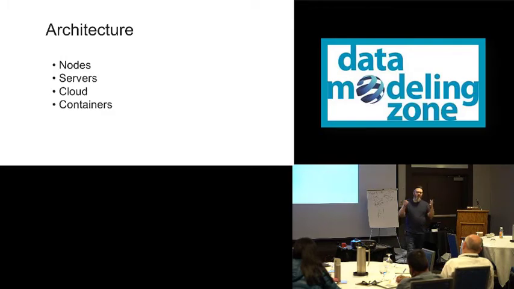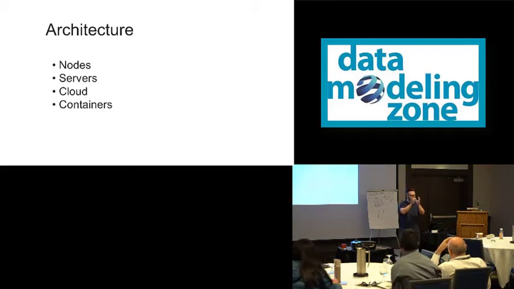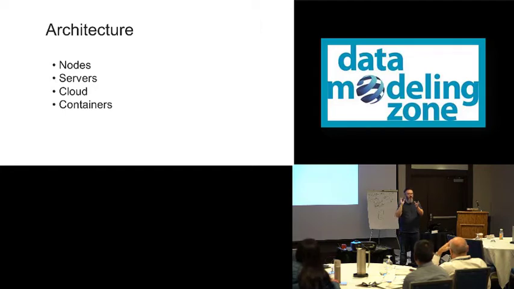In a distributed node system, the node is the smallest architectural unit, and we assemble nodes together in different configurations to give ourselves different capabilities. If you are thinking about your system at the node level, from a data modeling standpoint, you're probably going to freak yourself out. You want to be thinking about it at the cluster level. And we'll talk through that.